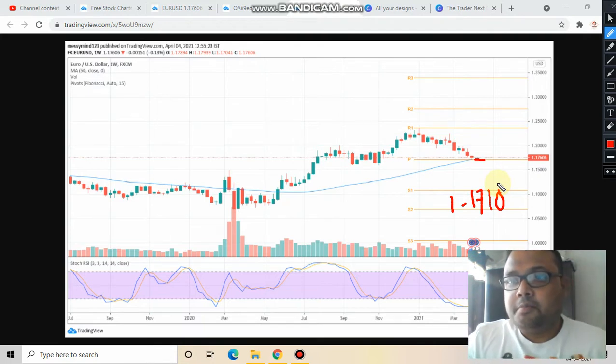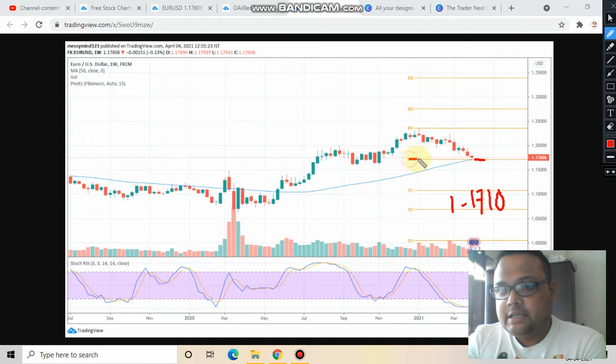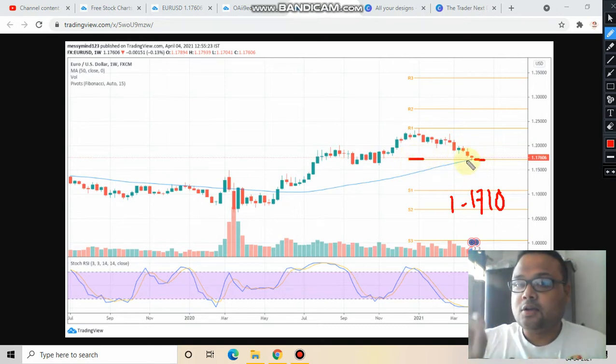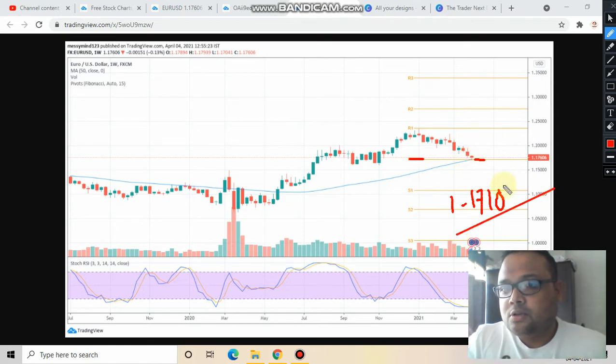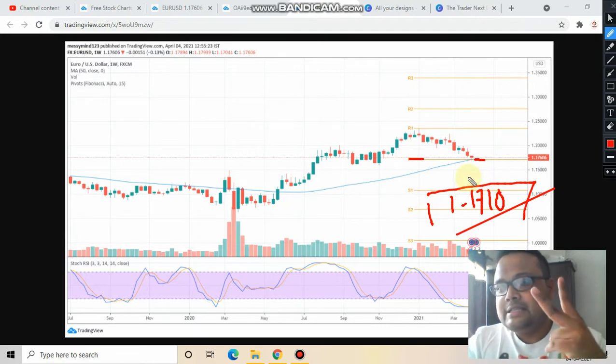Market, after testing this support level, has gone up, which means that 1.1710 is a support for the market.